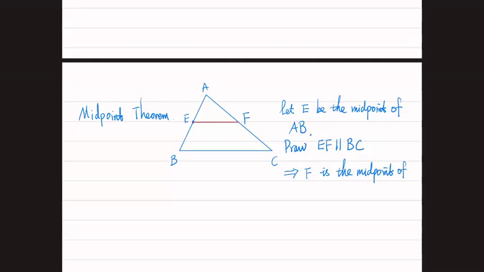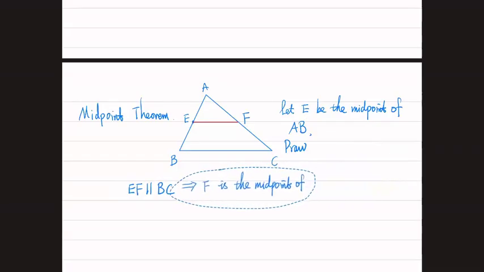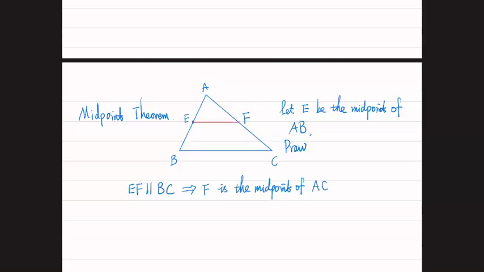Let me write over there. Move this over here. Move this. Midpoint of AC. Okay, that's how we proved the theorem. We start with the midpoint, draw a parallel line, then we check this is also the midpoint.